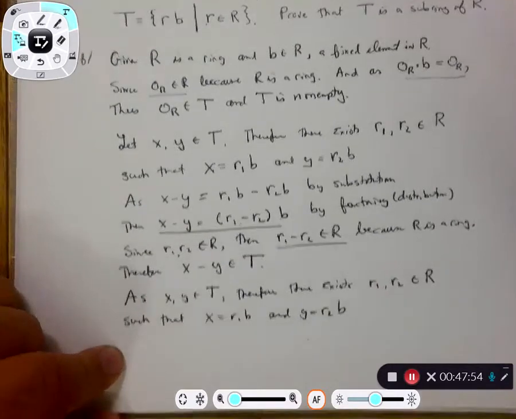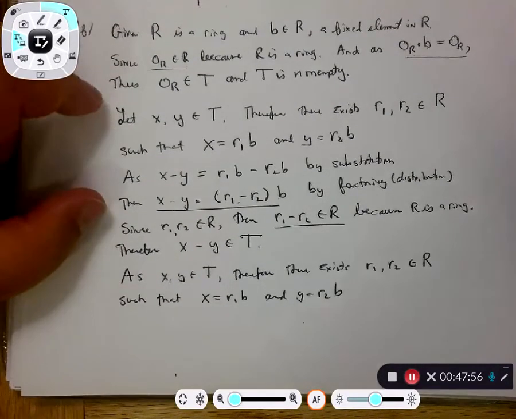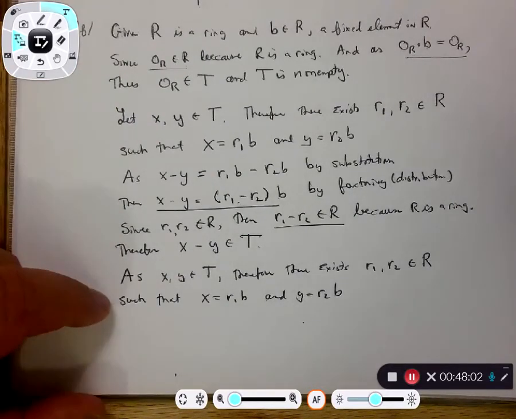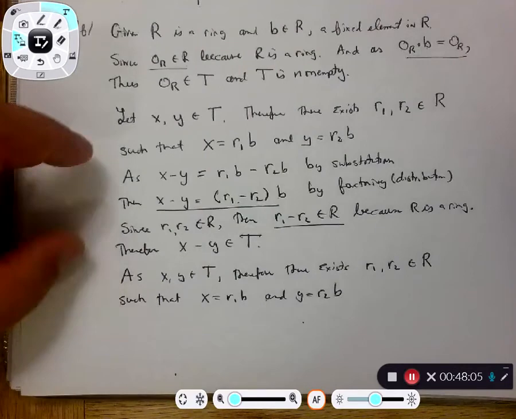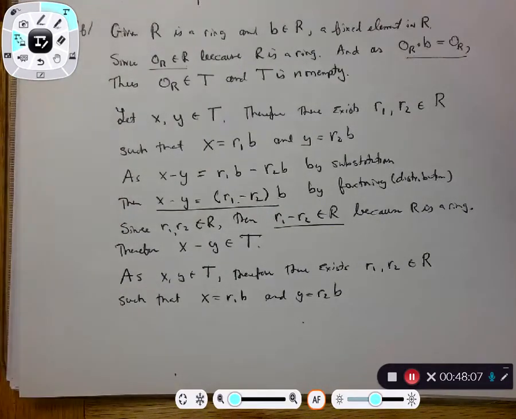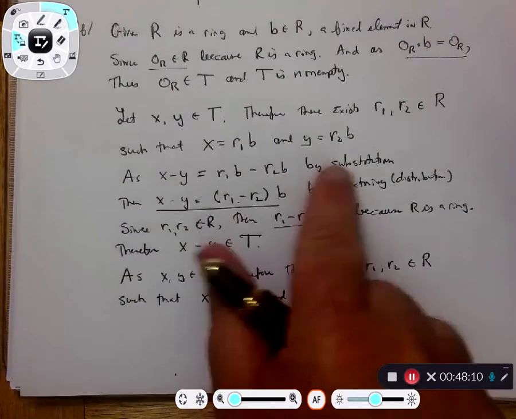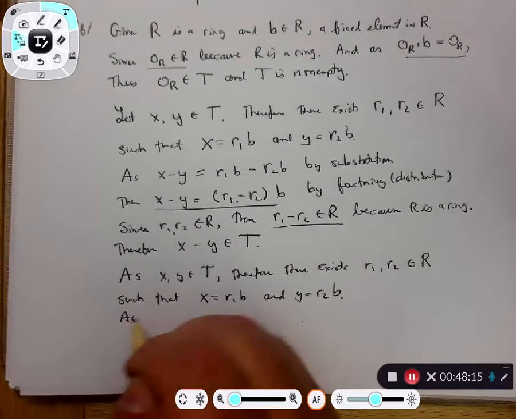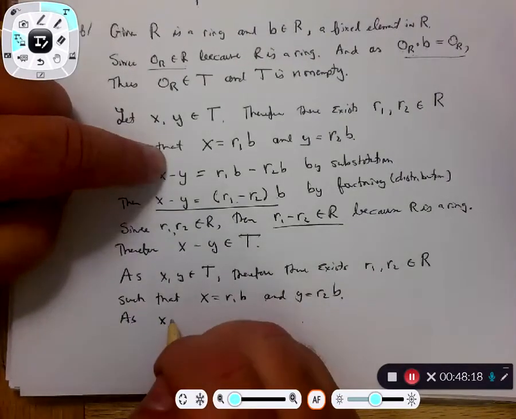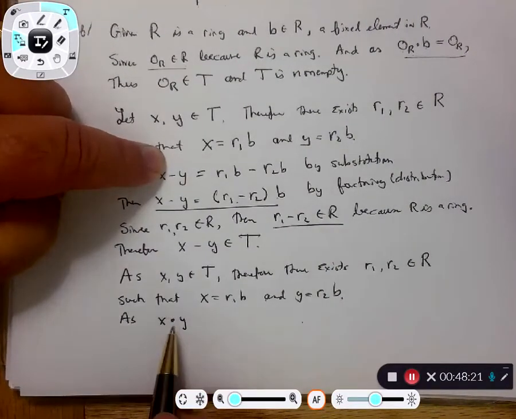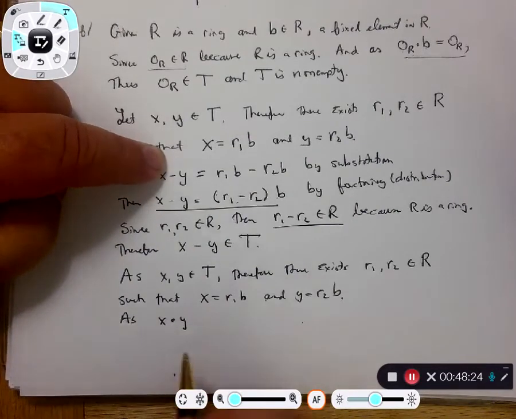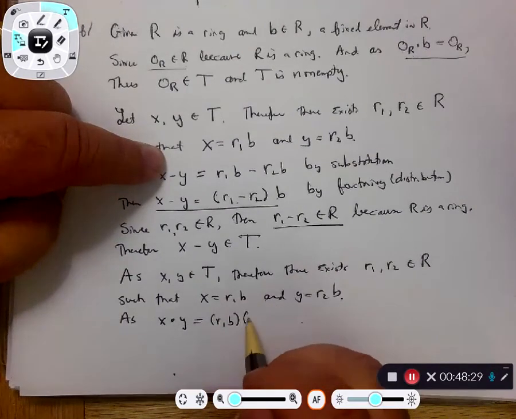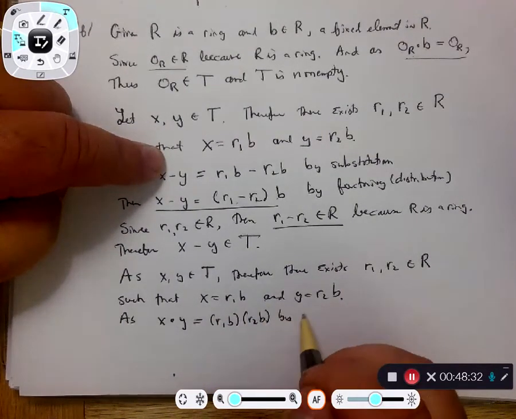The other thing I'm trying to show you here is that the hard part is showing the closure under subtraction. Because once you have that, you're just going to have to adjust a few definitions. I'm going to adjust the subtraction to a multiplication and show you that. So here we go, exactly the same. As X, instead of minus, I'm going to do times. As X times Y, and you can use dots for times or just slap them beside each other, that's fine. As X times Y is equal to R1B times R2B by substitution.